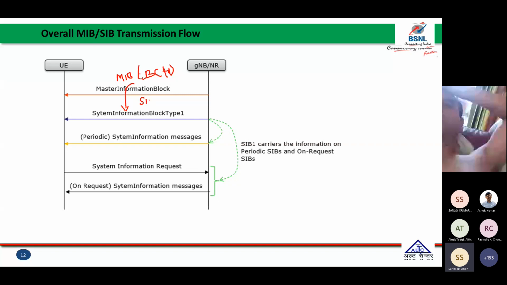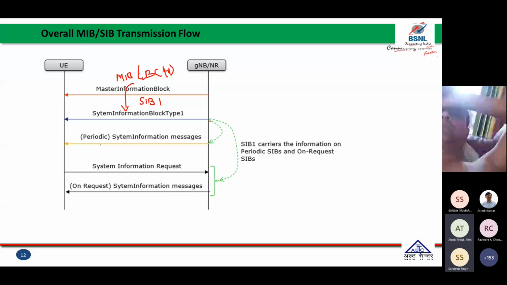SIB1 has the cell selection criteria and all the RACH procedure parameters. The MIB has the address of SIB1. And then there are all the other SIB messages like SIB2, SIB3, SIB4, SIB5.